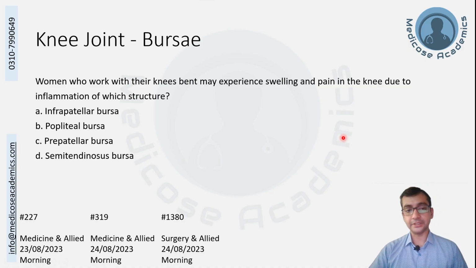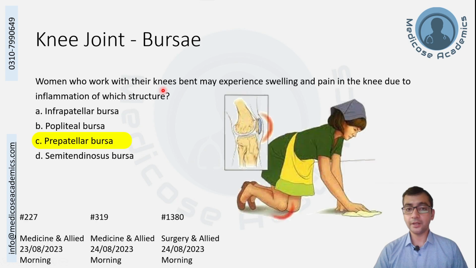Women who work with their knees bent may experience swelling and pain in the knee due to the inflammation of which structure? So a person who is cleaning the floor usually has knee placed against the hard ground. So at this point, there is the trauma right here between the patella and the hard floor below.